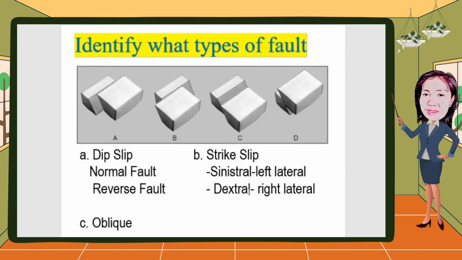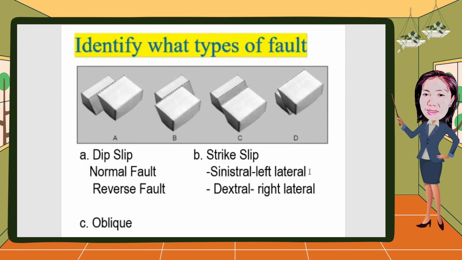But there are two types of strike slip, Laika. Is this a left lateral or right lateral? So what happened to this plate? Does this plate move to the right or to the left? To the left po. Very good. So what do you call this type of model? Sinistral strike slip. Left. Very good.